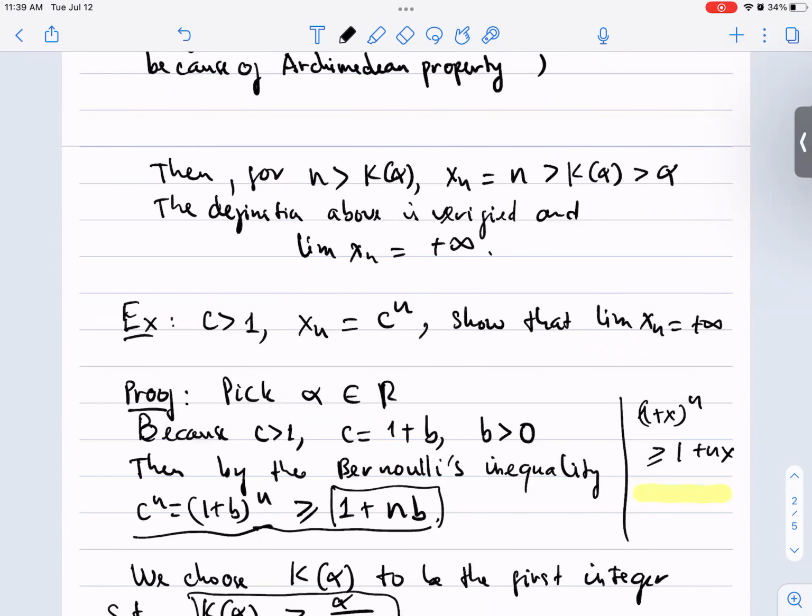Then for any index n bigger than k, certainly xn equal to n is bigger than k, which is bigger than alpha. The definition for properly divergent sequence is verified, and that's why the limit of xn here equals plus infinity.